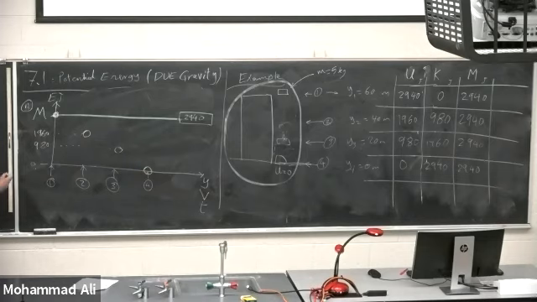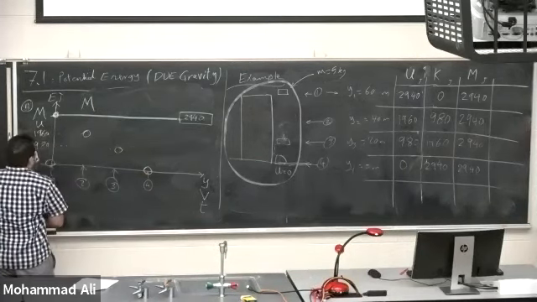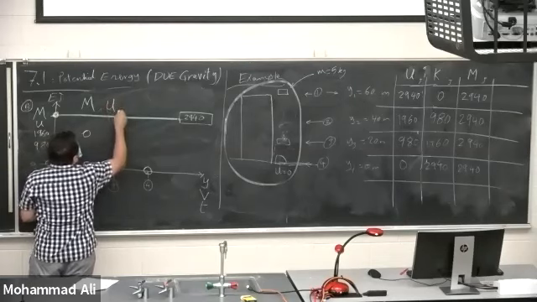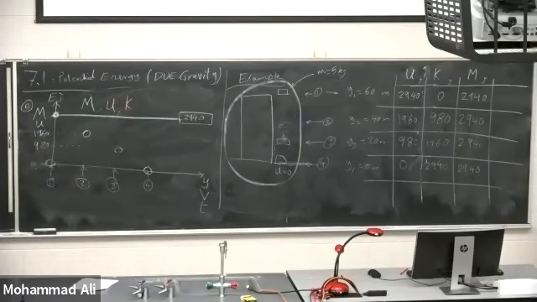The kinetic energy at point number 1. So this is the potential energy, which is U in yellow. This graph is for mechanical energy, for potential energy, for kinetic energy. All of them together.